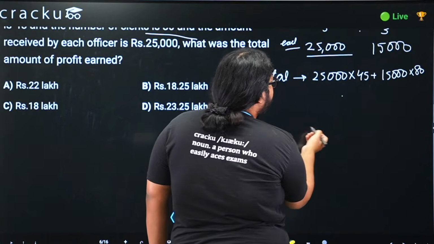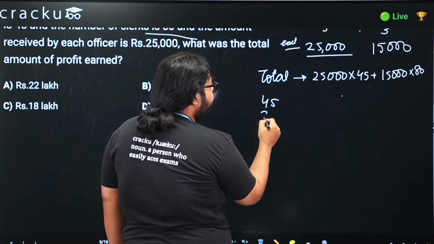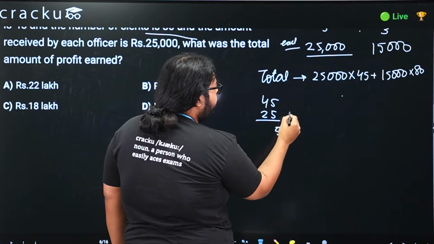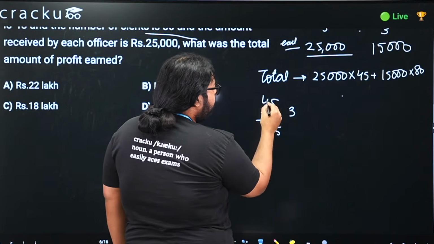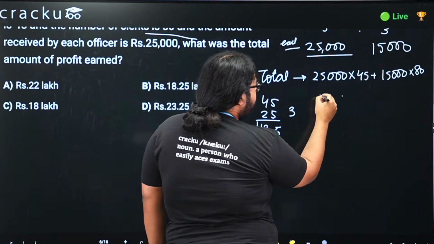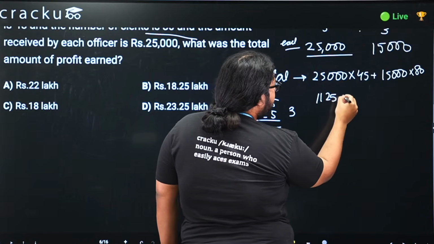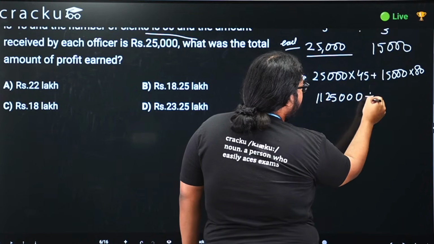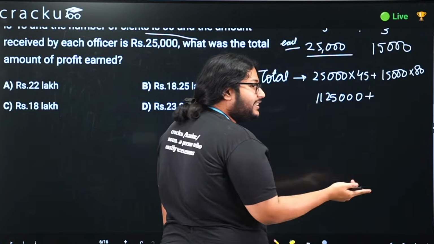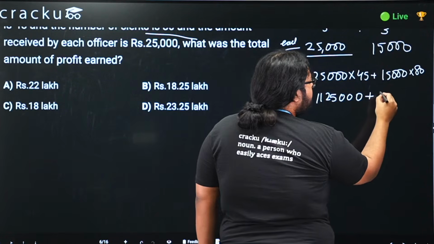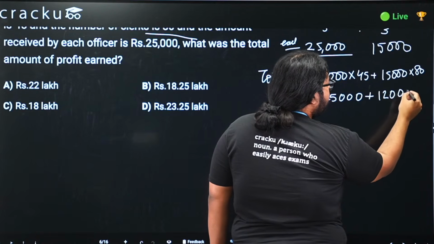25 times 45 will give me 1125,000, plus 15 times 80. 15 times 2 is 30, so 30 times 4 is 120, so this should be 120,000.